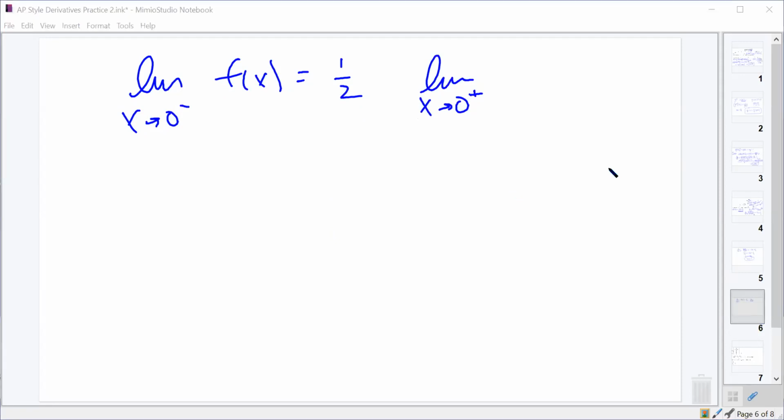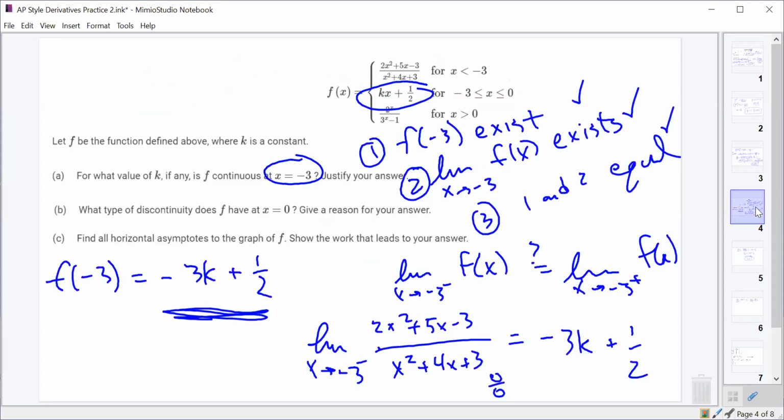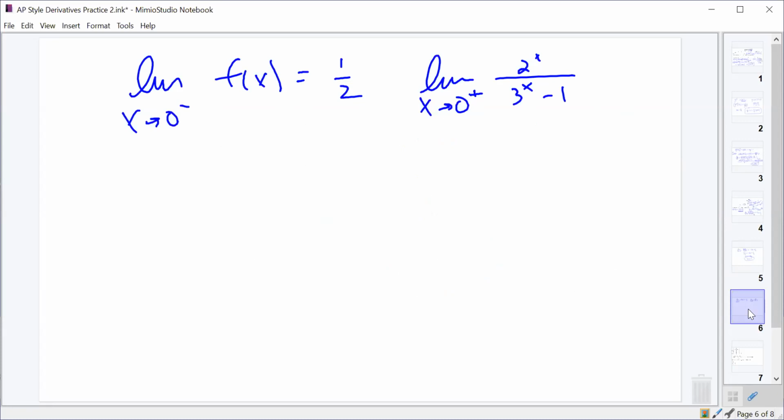So, and then from the right-hand side, I believe we have 2 to the x over 3 to the x minus 1. Is that right? I think that's right. 2 to the x over 3 to the x minus 1. Yeah, so as we approach 0 from the right-hand side of that, what do we end up with? We end up with a 1 in the numerator.